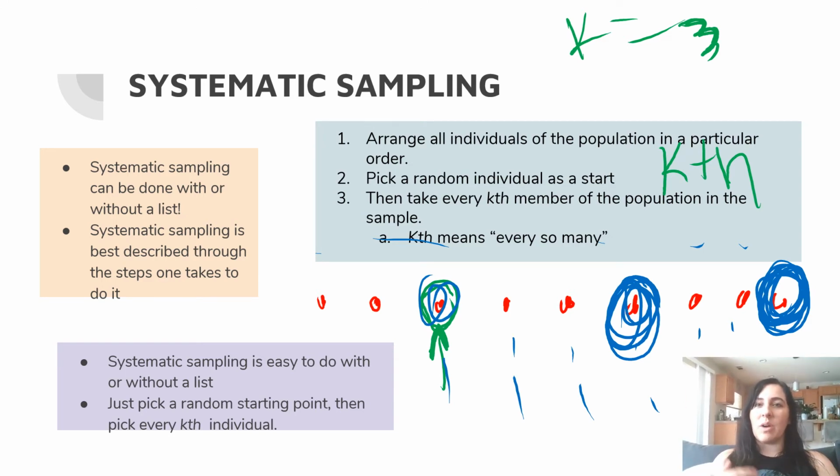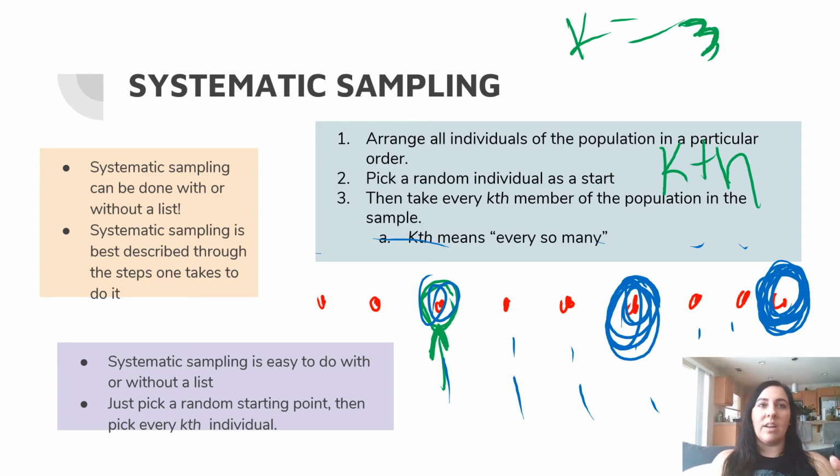Now you can do this with or without a list. Without a list could actually be, if you wanted to sample the entire population of patients that go into the emergency department in one day.